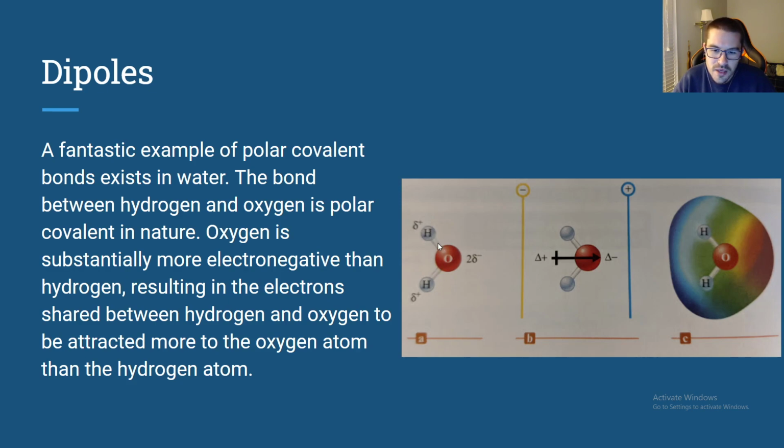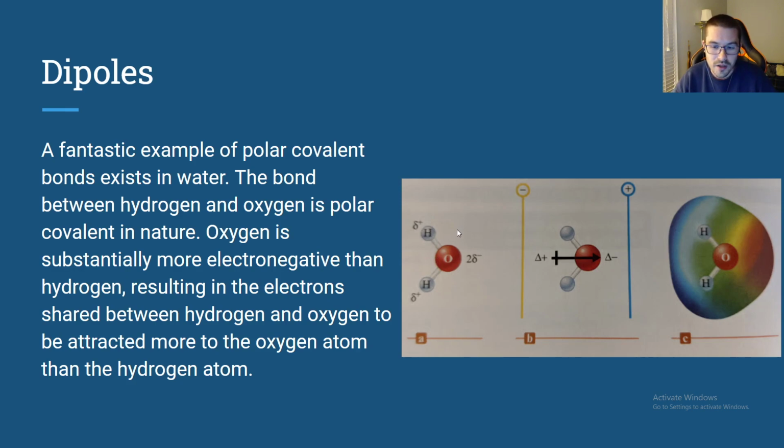So in the electrons that are shared, and I realize we haven't gone into detail of what exactly it means for electrons to be shared in the first place, but just take my word for it, electrons are shared here in this bond between hydrogen and oxygen. Oxygen is going to hog those electrons. It's pulling on those electrons much harder than the hydrogens are, right?